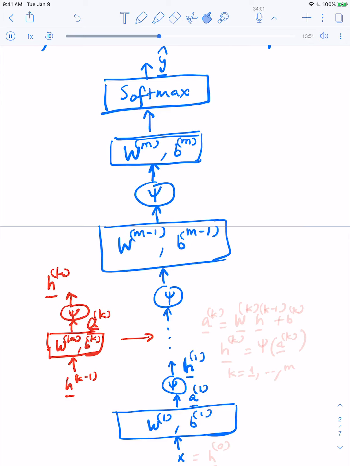And the equation we had before still stands.